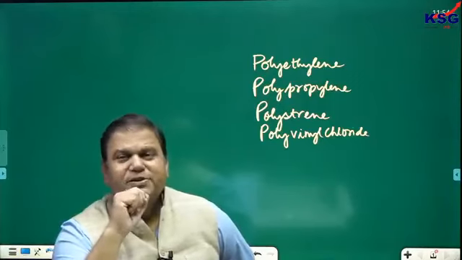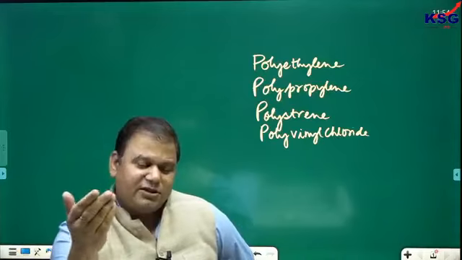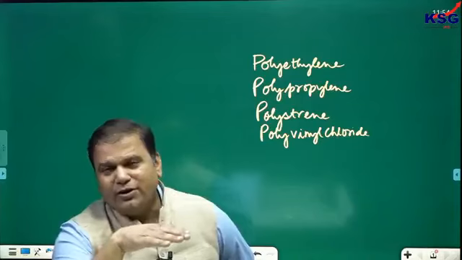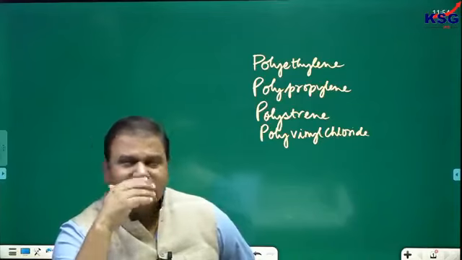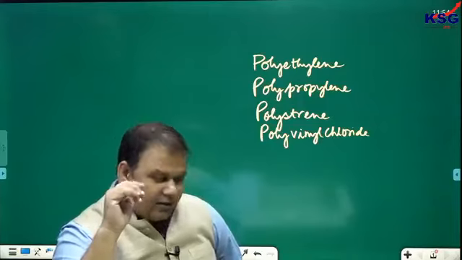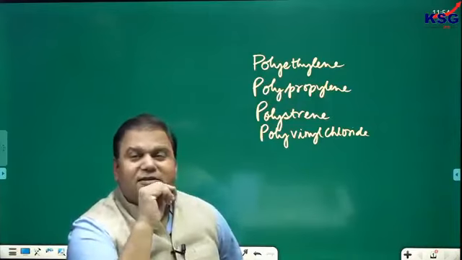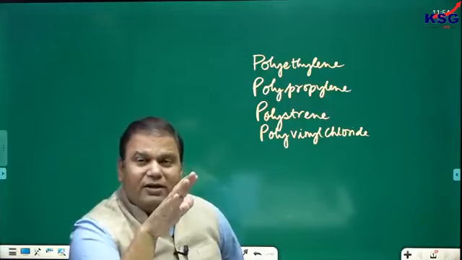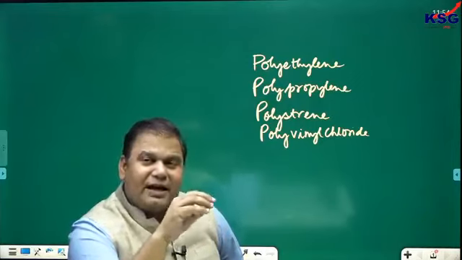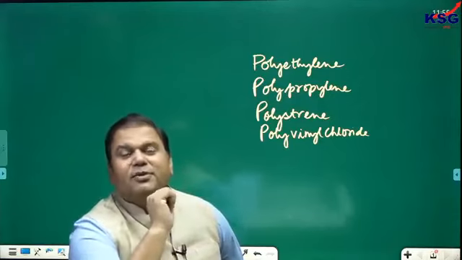Also, BFR, brominated fire retardant, is present. Earlier, when we studied ozone, we saw that BFR is also bioaccumulative in nature and acts as an endocrine disruptor. And the last one, vinyl chloride, is responsible for damaging the central nervous system. So these are chemicals which are present in plastic.